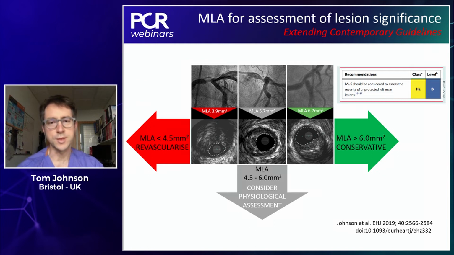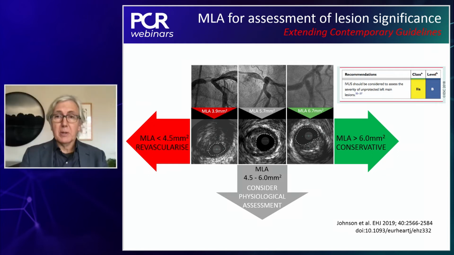Thank you very much for the remarks, Tom. And I emphasize, I like very much this graph because it provides a very nice map on the use of IVUS to make decisions in the left main on functional stenosis relevance.